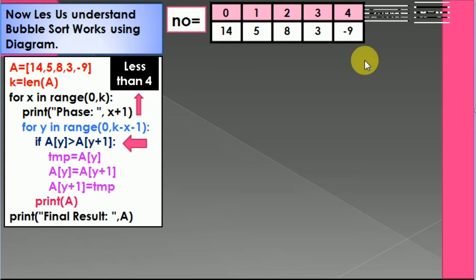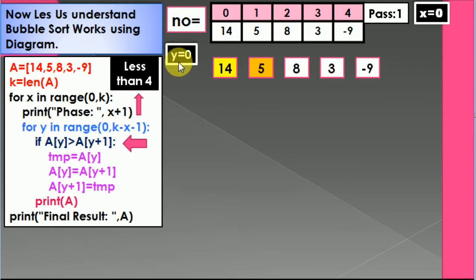So when pass 1 started, x is 0. So y, the first time in the inner loop, I'm talking about the inner loop, this y is sitting at 0. That means these are the numbers: 14 at 0, this is 1, 2, 3 and 4, and y is at 0.